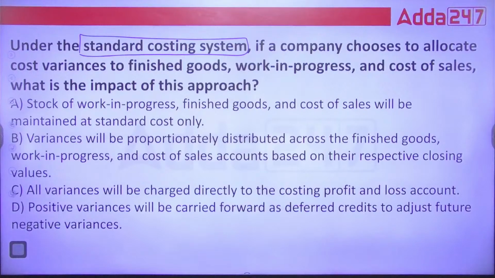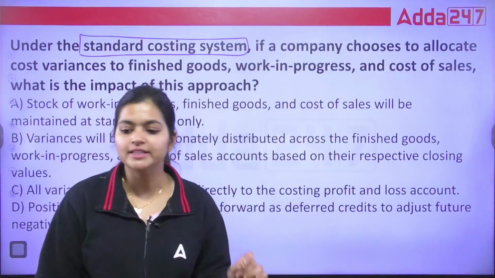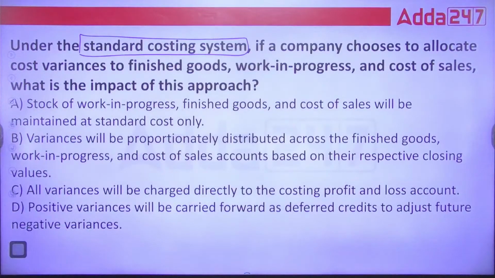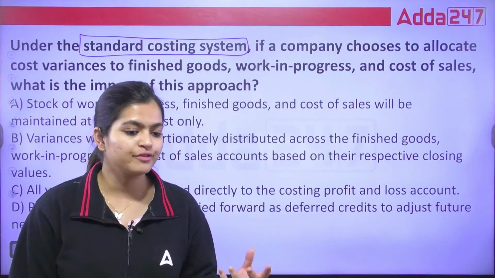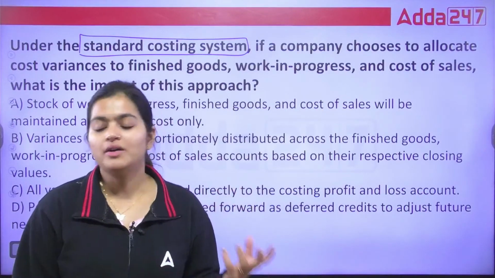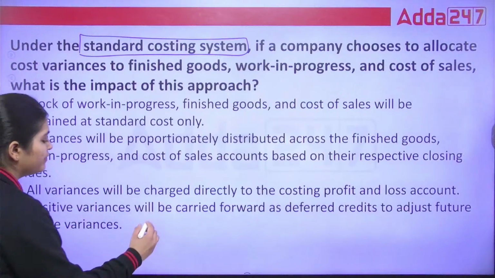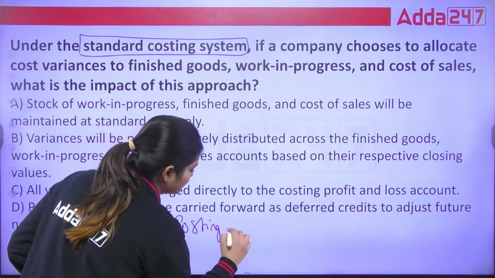Under this standard costing system we have a subtopic known as how to allocate the accounting entry. How to do the accounting entry of your variances, how to pass different accounting entries, and we have three options through which we can show our accounting treatments. Like number 1 says you can transfer the variance to your costing P&L account.